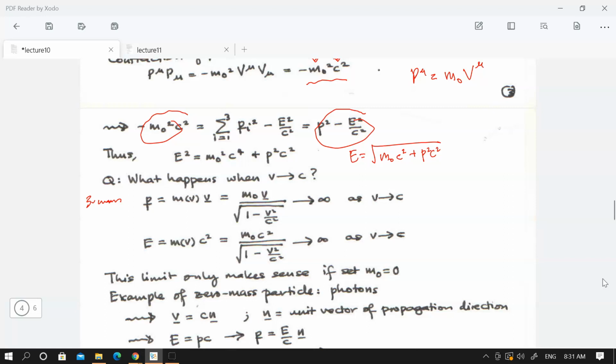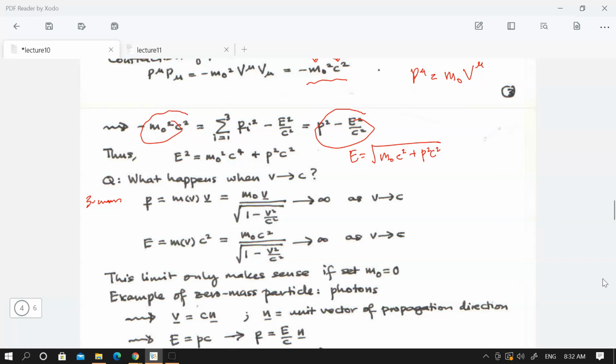You take v goes to c, then this term on the denominator is going to be 0, and that means this whole thing is just going to blow up to infinity. Same thing if we take the fourth component, which is given by your relativistic energy divided by c, or you can write it in this particular form. Then you'll find that this also blows up, goes to infinity as v tends to c.